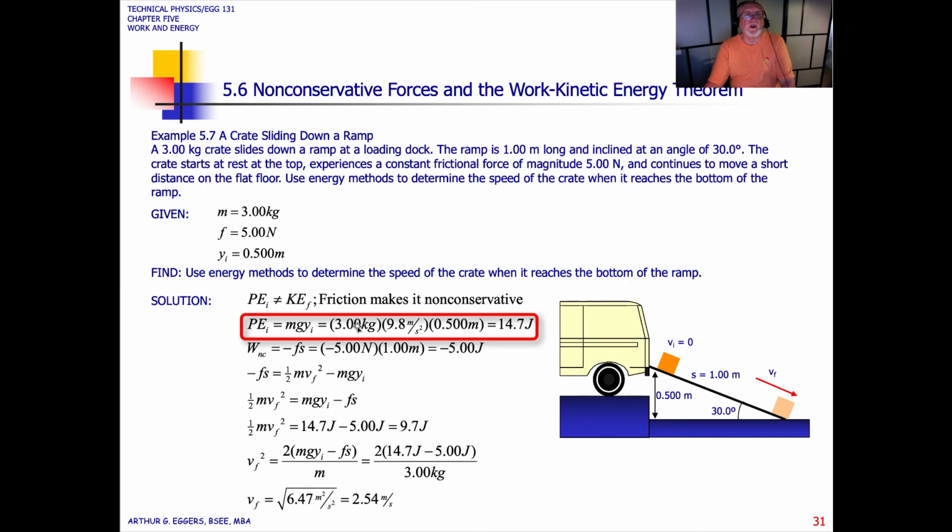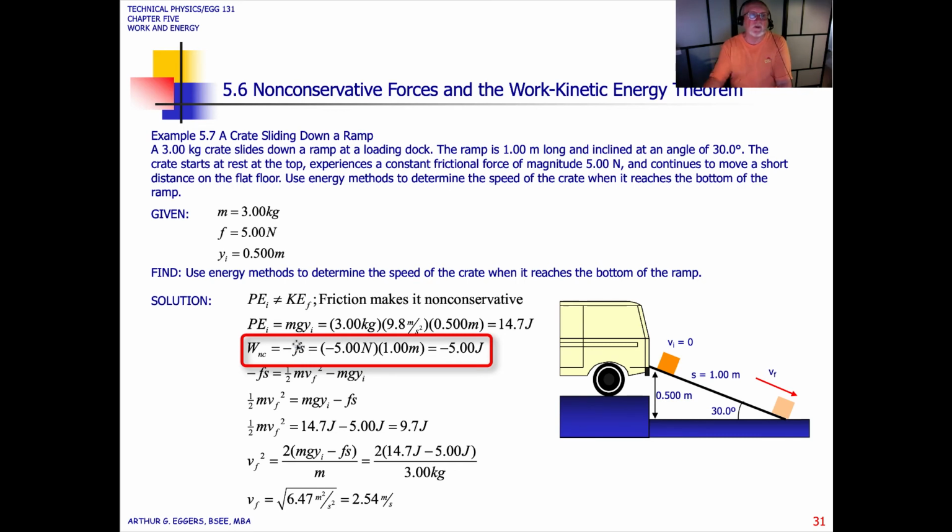So 3 kilograms for the box, 9.8 meters per second squared for the acceleration of gravity, and 0.5 meter gives us the potential energy at the top of 14.7 joules. Now let's calculate our non-conservative term. Our non-conservative term here is minus Fs. That's the frictional force in the opposite direction.